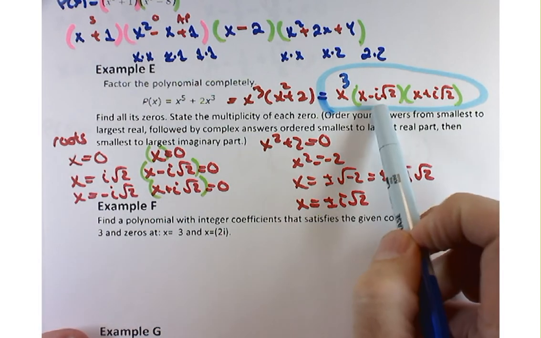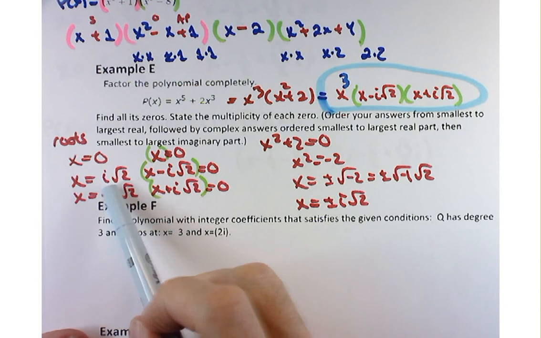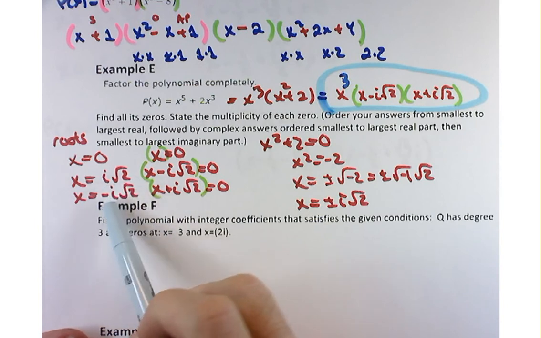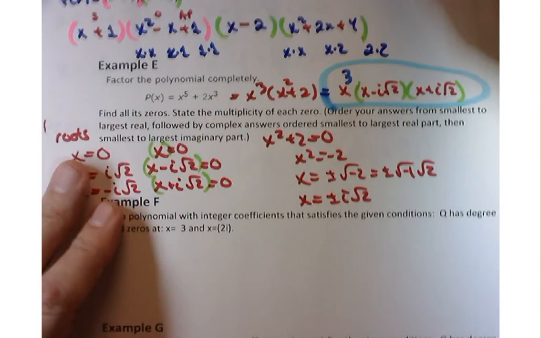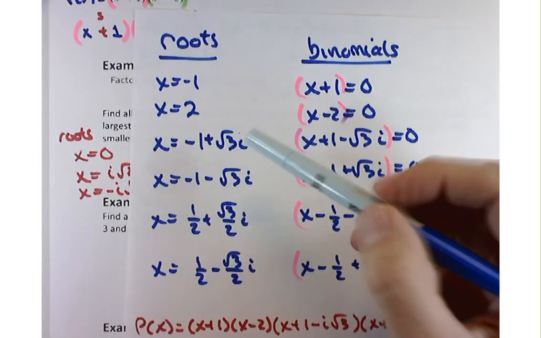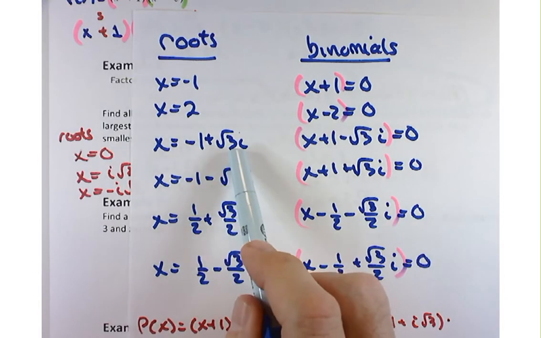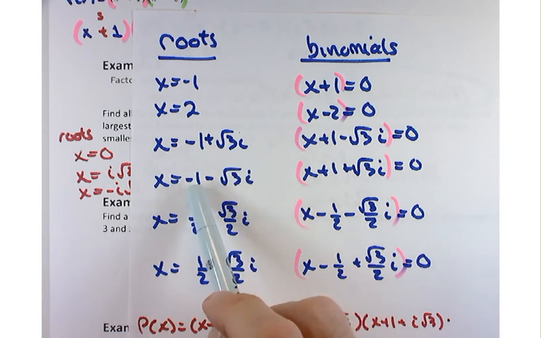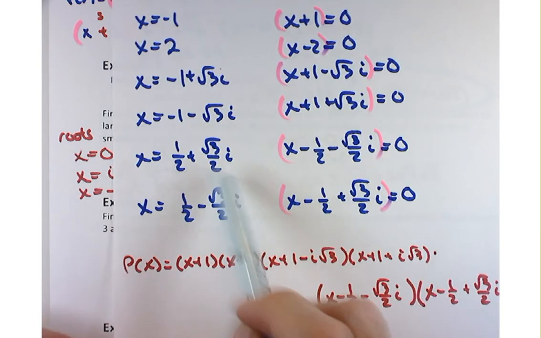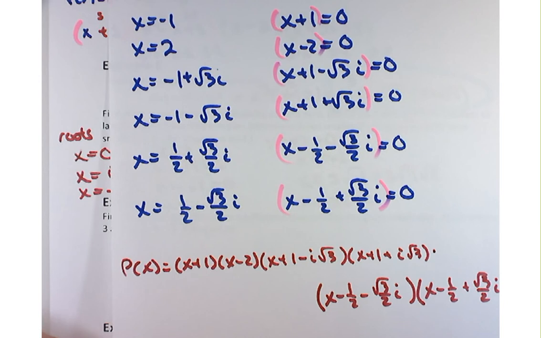For instance, over here I had i times the square root of 2 and negative i times the square root of 2. Or back with example D, you had negative 1 plus square root of 3 times i and negative 1 minus square root of 3 times i, and so on. And even the first example, example A, we had positive i and negative i. So what kind of generalization might you start thinking of when you think about complex roots?